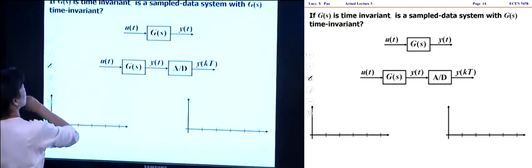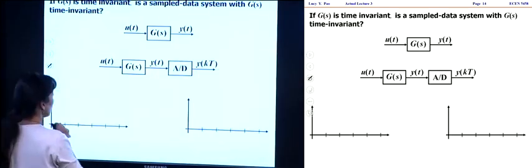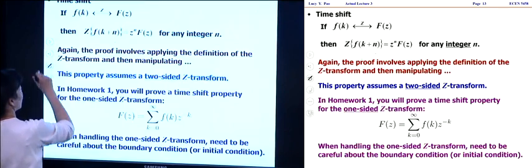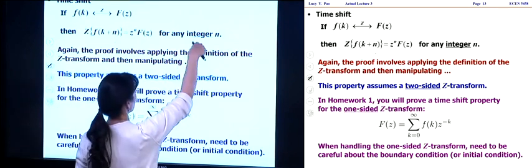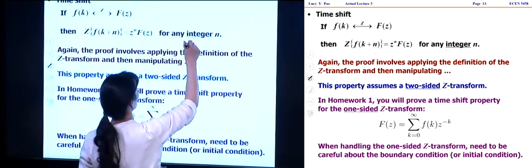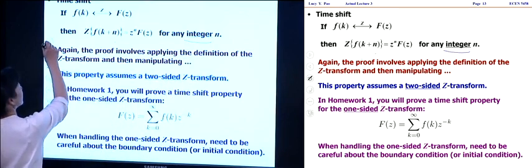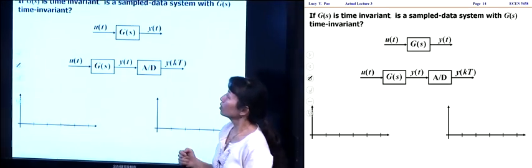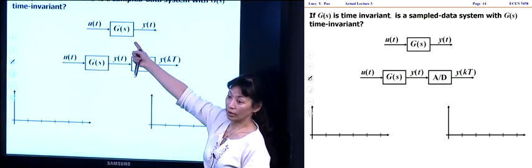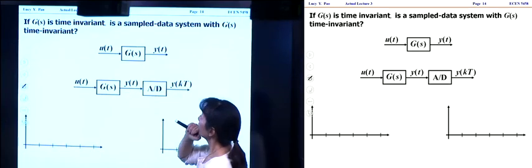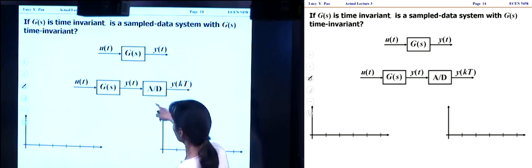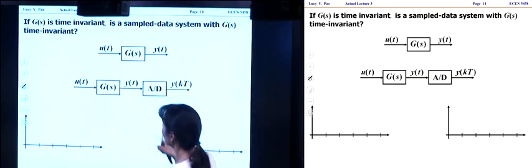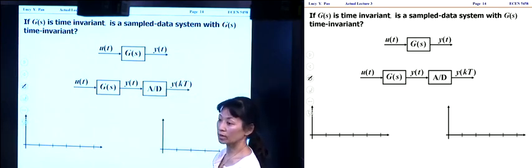All right. So let's look at why there's this condition that we need to have an integer n. So if G of s is time invariant, is the sampled data system in particular time invariant?